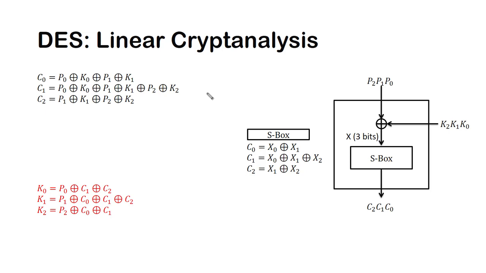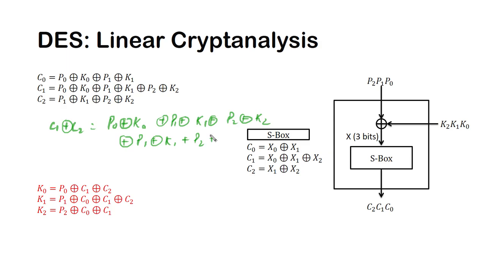So if I am performing C1 XOR C2, that means P0 XOR K0 XOR P1 XOR K1 XOR P2 XOR K2 XOR P1 XOR K1 XOR P2 XOR K2. So P2 XOR P2 results in 0, K2 XOR K2 results in 0, P1 XOR P1 results in 0, K1 XOR K1 results in 0.